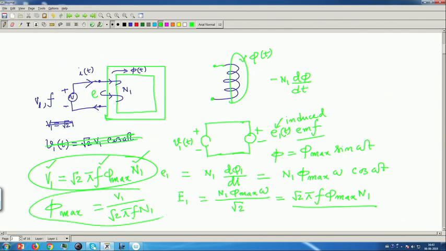This is the crucial thing. Mind you, in case of an alternating magnetic circuit, if you apply an AC voltage, the level of flux phi max is decided by whom? By the supply RMS voltage, the supply frequency and the number of turns.